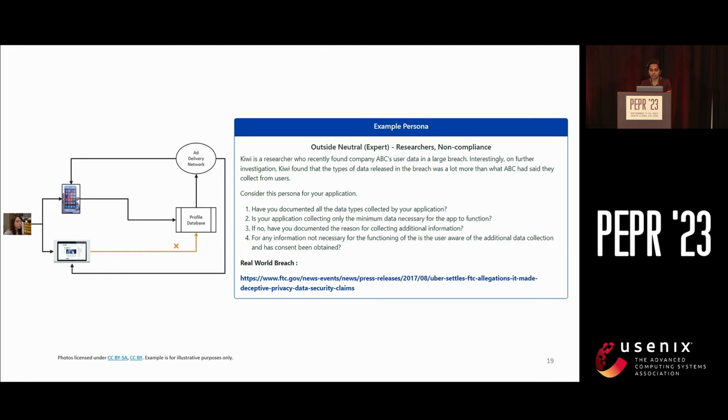We could ask some of these questions: have you documented all of the data types collected? Is your application collecting only the minimum data necessary? Have you told your consumers what kinds of data you're collecting? Does April know what data is being collected? Your threat actor becomes researchers who are trying to find issues with this application, and they find that this is non-compliant.